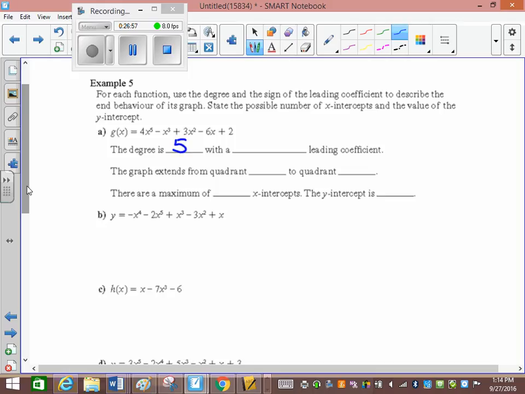Positive, it's positive 4. Degree 5 is going to look like one of those weird ones. Positive leading coefficient means it's going to be like this. The graph extends from quadrant 3 to 1.